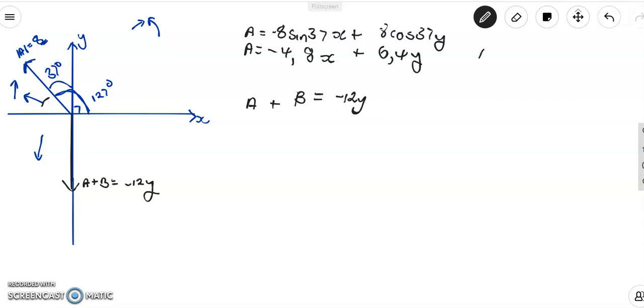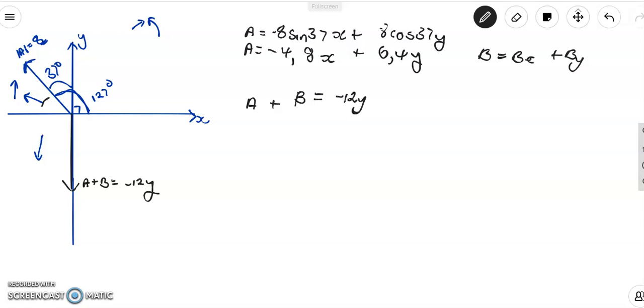So let B equal bx plus by. See, I'm writing every vector in its Cartesian form. A is in the form minus 4.8x plus 6.4y. B is equal to bx plus by, and A plus B is equal to minus 12y. So I'm now going to write this equation with all the vectors in their Cartesian form.